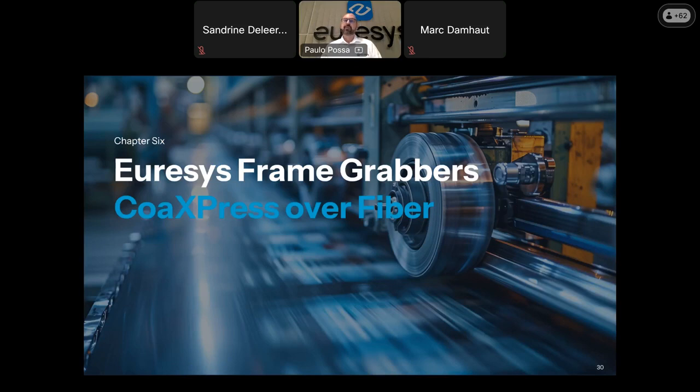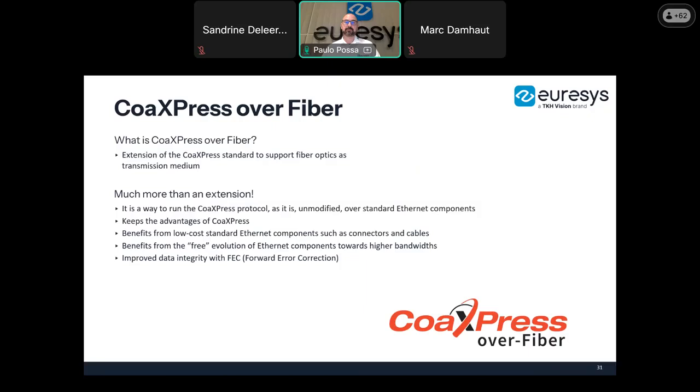Now I want to talk a bit more about CoaXPress-over-Fiber and our products based on this technology. So CoaXPress-over-Fiber is an extension of the CoaXPress standard to support fiber optics to transport images from camera to frame grabber. More than an extension, it benefits from low-cost standard Ethernet components and their free evolution to higher speeds.